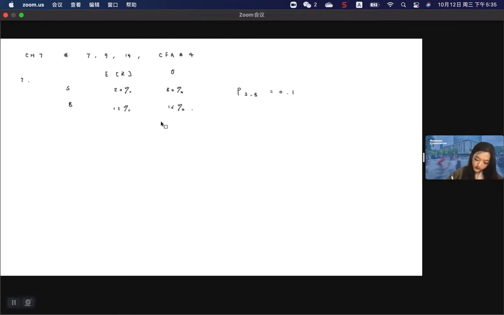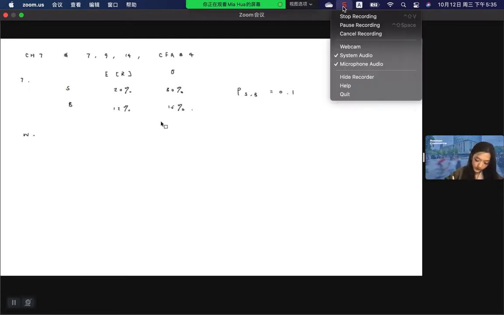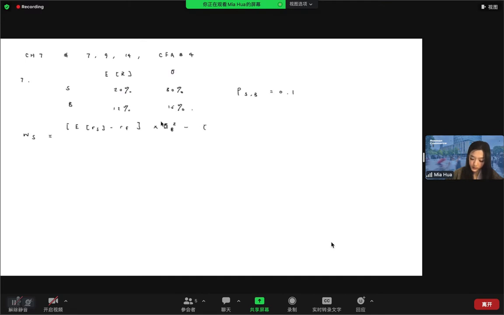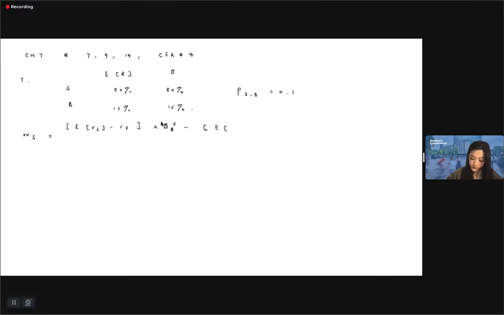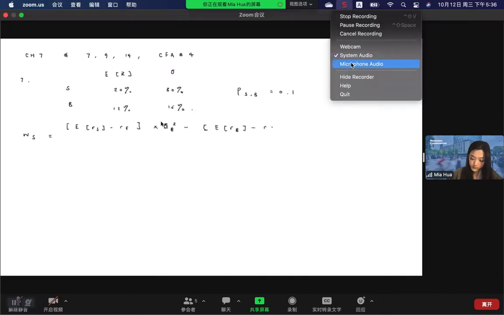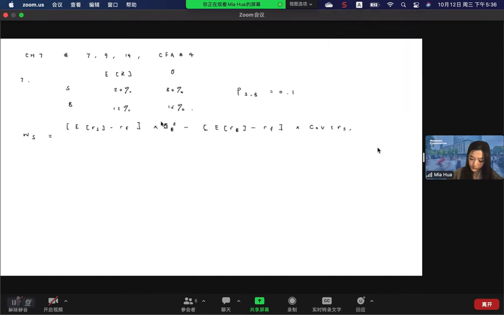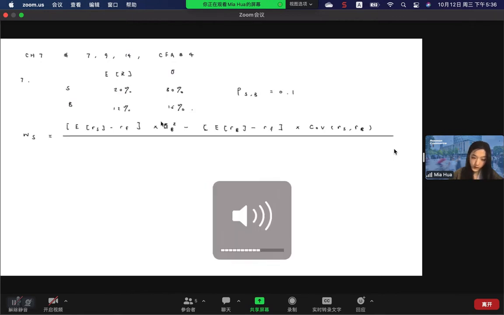So I'm sure that you have this formula. This is to calculate the weights of the asset within a portfolio. I'll write it down. This is a very long formula.